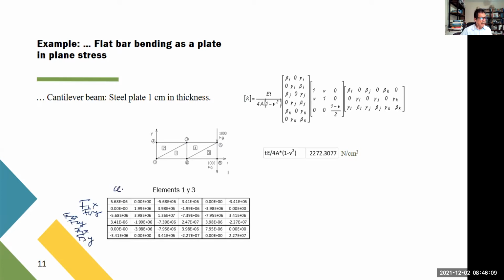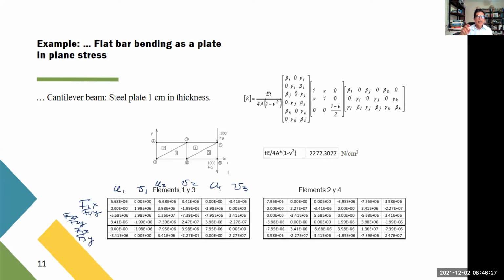This is U1, V1, U2, V2, U3, V3. Remember, you have to have that in your mind in order to form the global stiffness matrix. That's something that we have done many times. We can do the same for the other two elements. Elements 1 and 3 contribute with this stiffness. Elements 2 and 4 are similar. They're just located in a different position. So we get this value here.